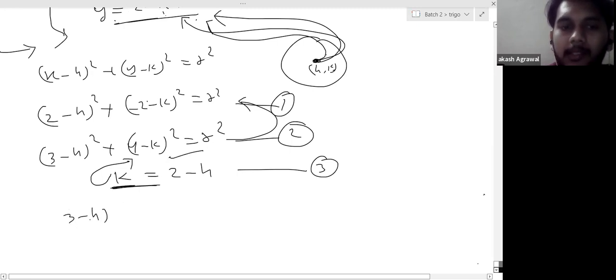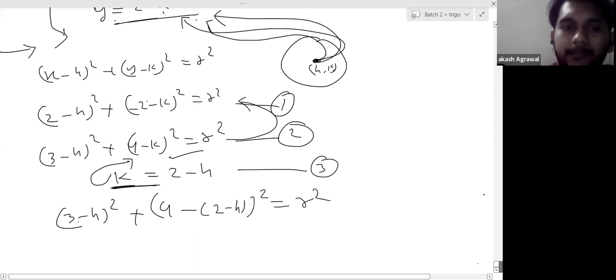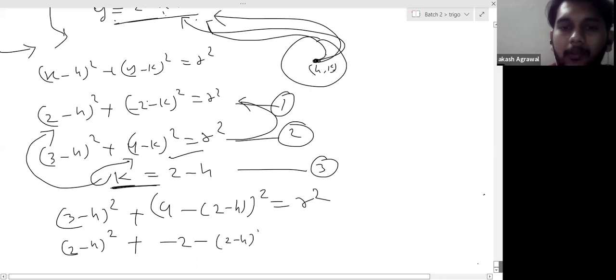So we will be getting (3 minus h) whole square plus (4 minus k, which is 2 minus h) whole square equals r square. All right. Again, put the value of k in this equation. So (2 minus h) whole square plus (minus 2 minus k, which is 2 minus h) whole square equals r square.